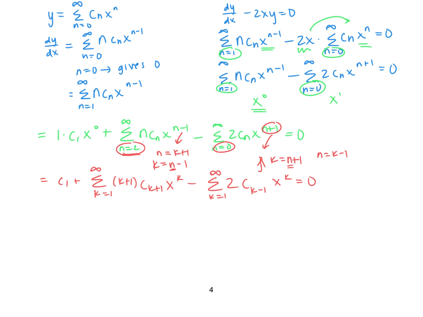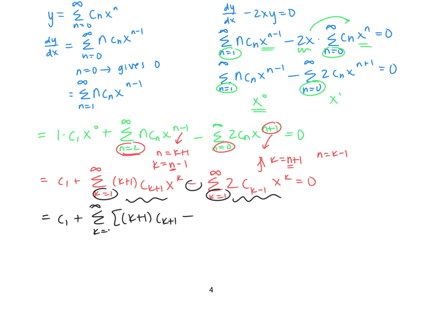Okay, so now my indices are the same, which means I can combine these two power series. So this becomes c1, add the summation from k equals 1 to infinity of k plus 1, c k plus 1, subtract 2 c k minus 1, all of that times x to the k is equal to 0.